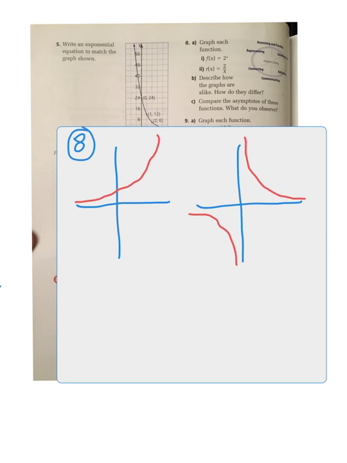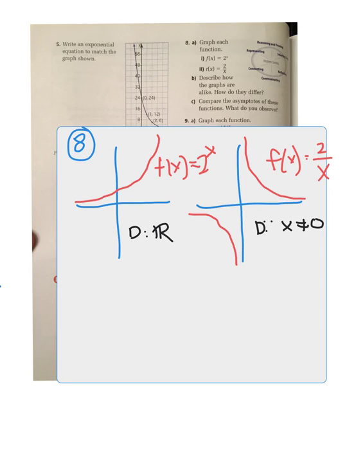Let's have a look. We know the domain of 2 to the x. And this one's 2/x. So the domain of this one is all real numbers. The domain of this one is x does not equal 0, so all real numbers except 0.